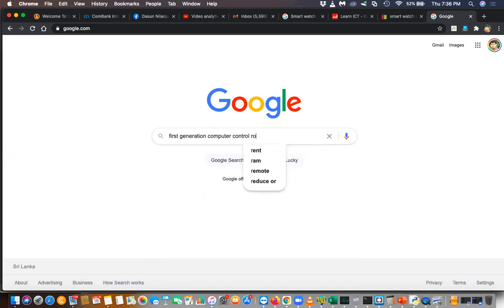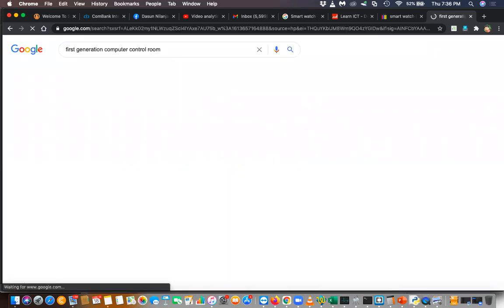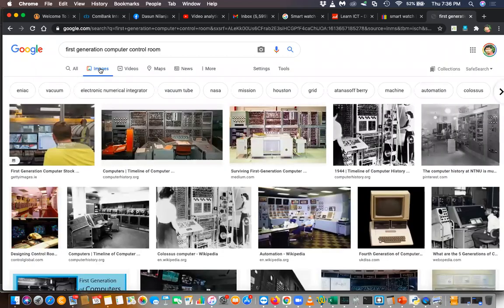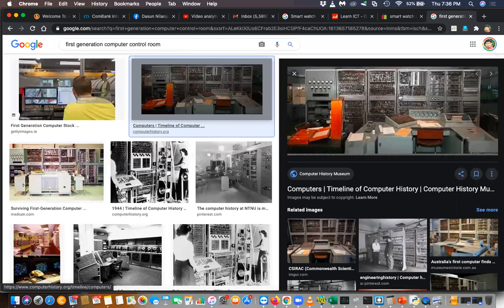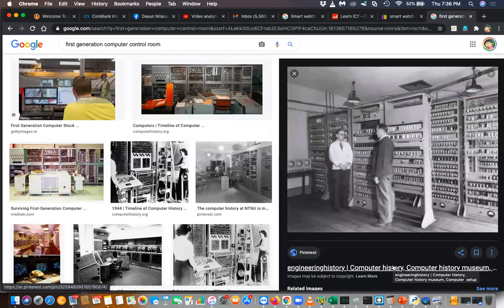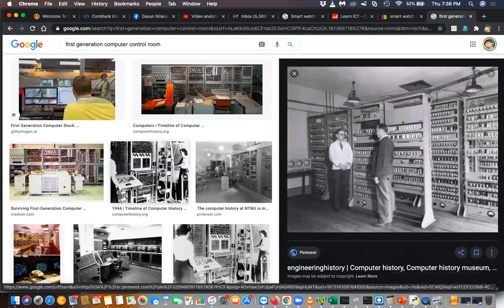Today this is actually the keyboard, which you can keep in your palm, but in earlier days the control room was something like this. You can see a lot of switches and controllers here.